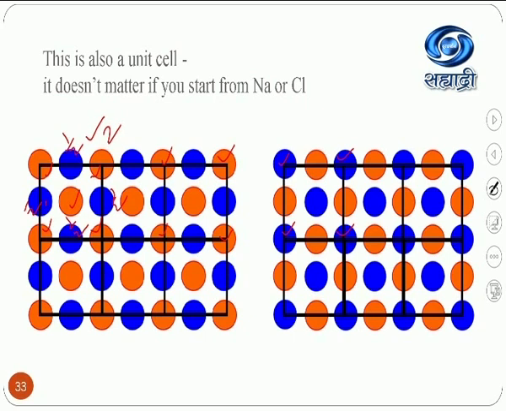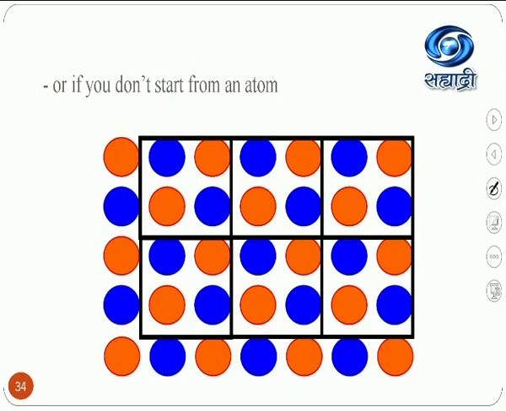That means each and every unit cell contains 2 orange spheres and 2 blue spheres. The same thing in the second crystal: again made up of 2 blue spheres and 2 orange spheres. That means the composition of each and every unit cell should be the same and fixed. So this is proper stacking.